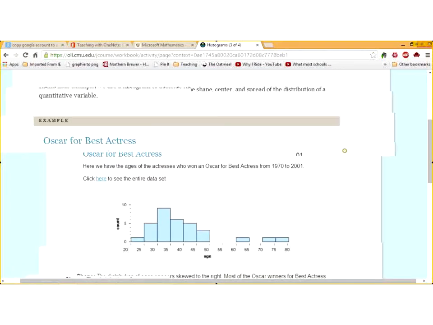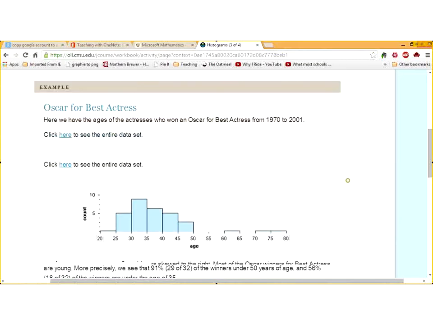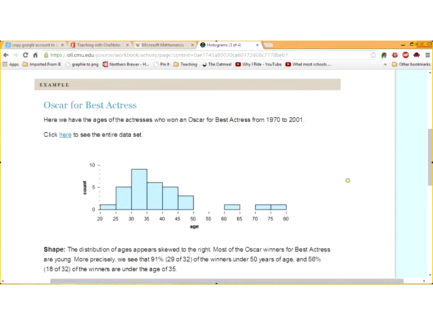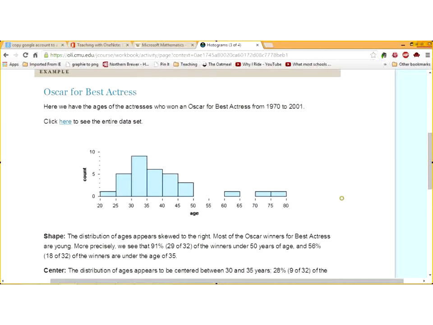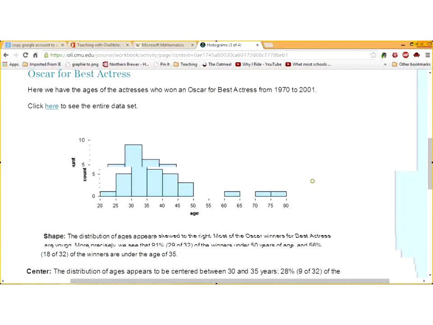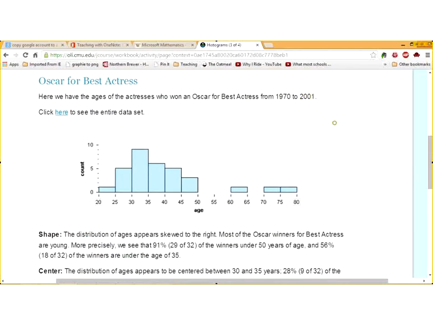Now talking about using a histogram to describe shape, center, and spread, and outliers. This is very much the same as it was with dot plots. Here is a histogram for the ages of the actresses who won the Best Actress Award from 1970 to 2001.